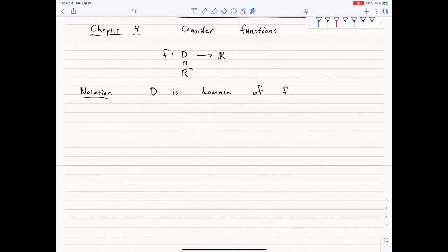No, really, because mostly people will say range, and that's not correct, right? Because range is actually the set of values that are actually hit over here. So you can have a larger set on the other side that you're mapping to, and you call that the codomain, actually. The range is something slightly different.